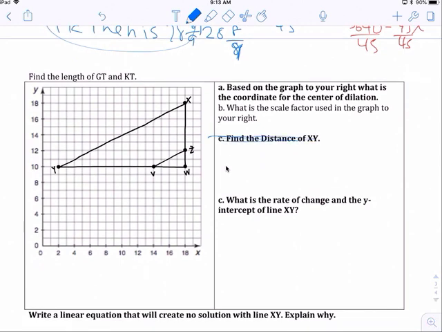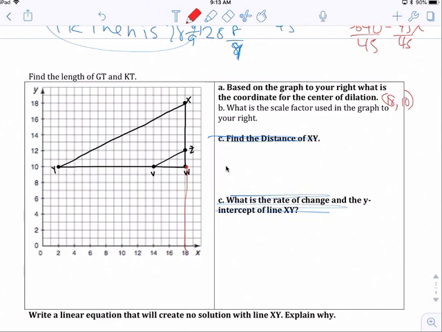Okay, scale factor. Oh my gosh. What is the scale factor of this? Based on the graph to the right, what is the coordinate for the center of dilation? Okay, W is 18 and 10. 18 and 10, that's the center of dilation.